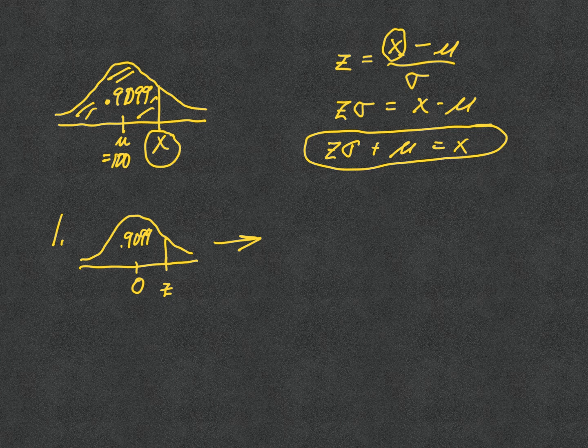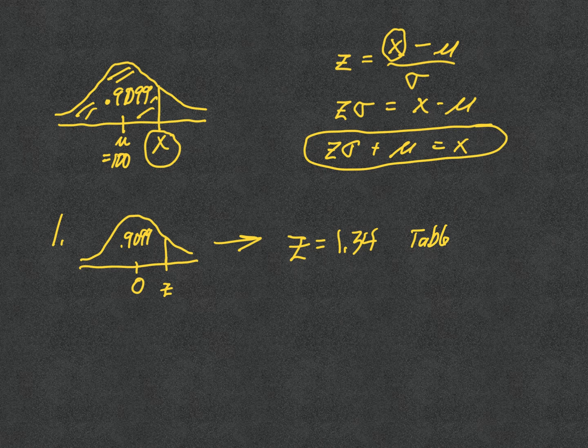And so if I go to the table and I look up 0.9099, I see that that is 1.34, this gives me the z value equal to 1.34. And this is directly from our table, just like we did it in class, okay?